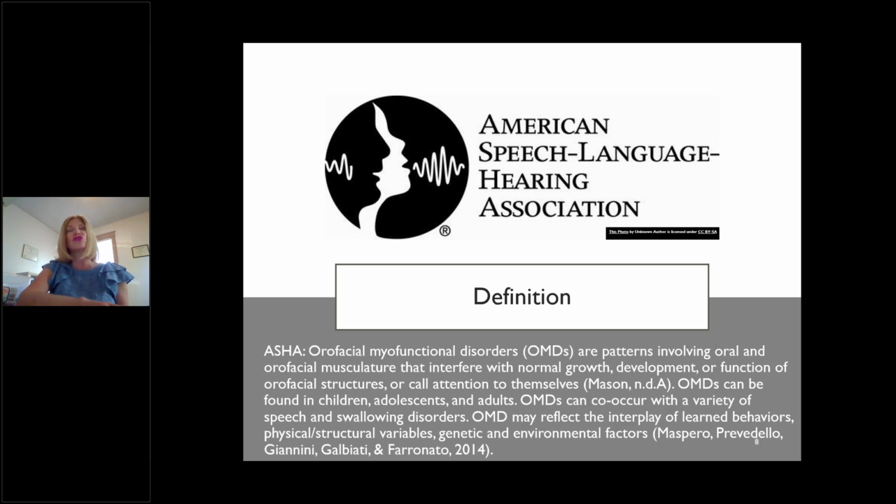OMDs can be found in children, adolescents, and adults. They can co-occur with a variety of speech and swallowing disorders and may reflect the interplay of learned behavior, physical, structural variables, genetic, and environmental factors, okay? So the American Speech-Language-Hearing Association actually has a portal.